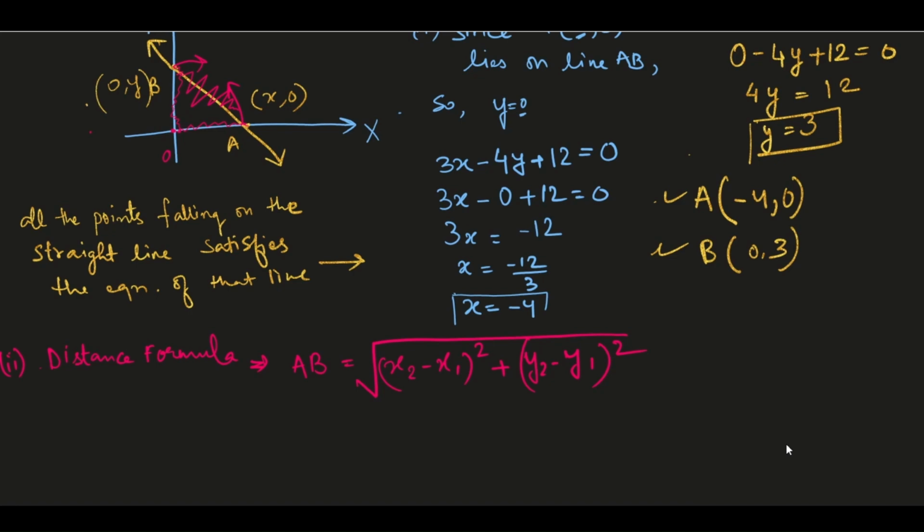This is the distance formula which is used to calculate the distance between 2 points or the length of a particular line. So we don't have to do anything here. We have to just track what is x1, x2, y1 and y2. So in my example, let me write it down for you. x1 comma y1, x2 comma y2.